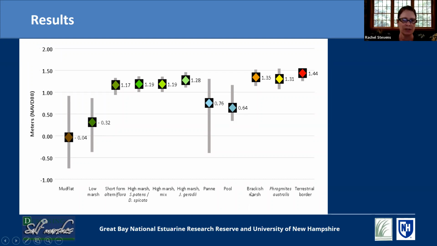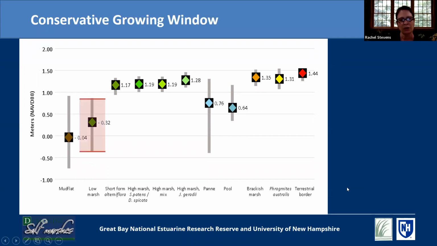And so what this shows is the mean or median value for the elevation of each of the habitat categories shown along the bottom row. And then the gray bars are the 10th and 90th quantile values. And we chose these so that we could indicate a conservative growing window.